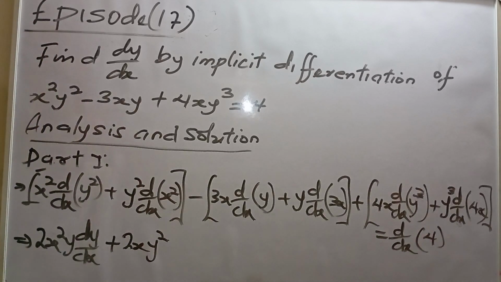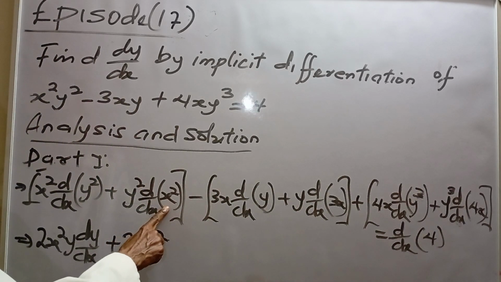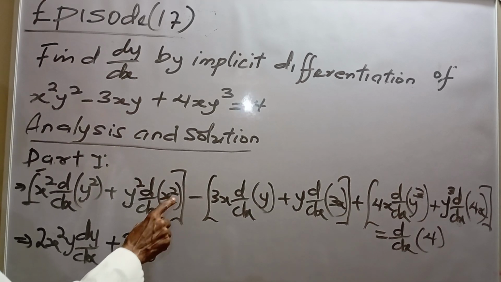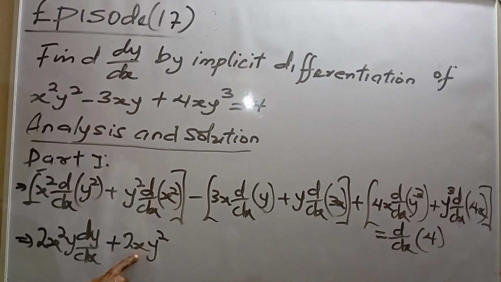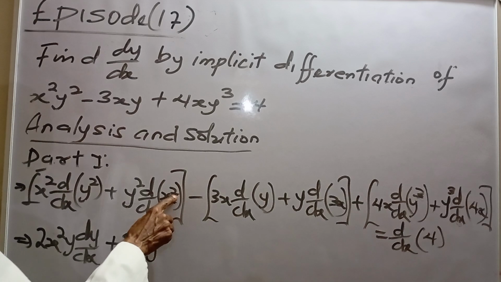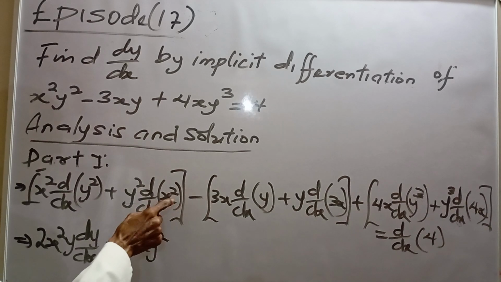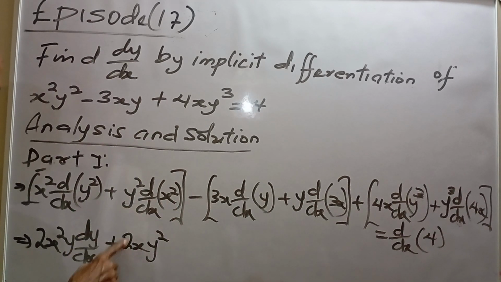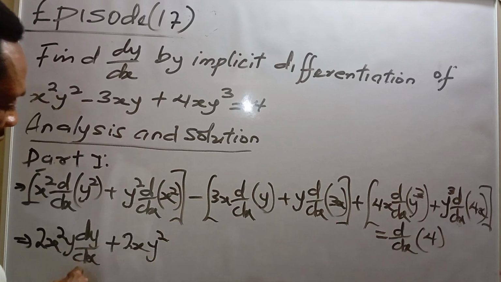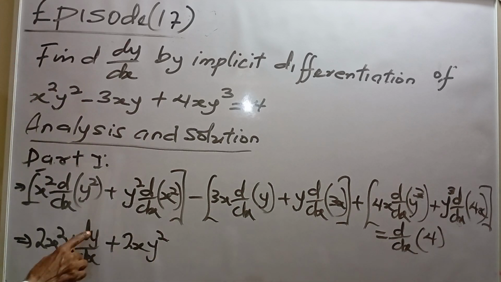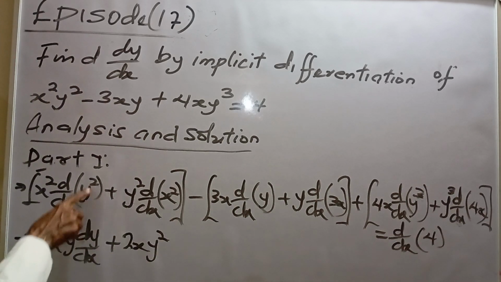You discover that as I differentiate s squared, that is 2 times s, then 1 minus from 2, you have 1, s raised to the power of 1, which is 2s. Then you use it to multiply with what is here. You have 2sy. You discover that I did not apply dy/ds here, just like I did there. Why did I apply dy/ds there? Because I differentiated y there.